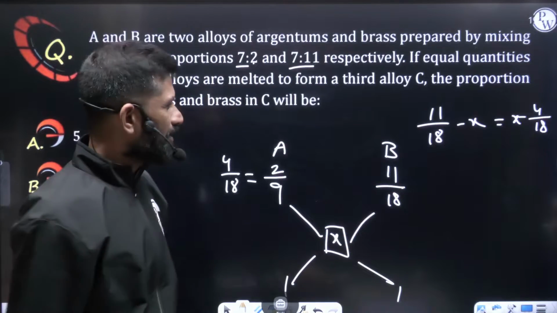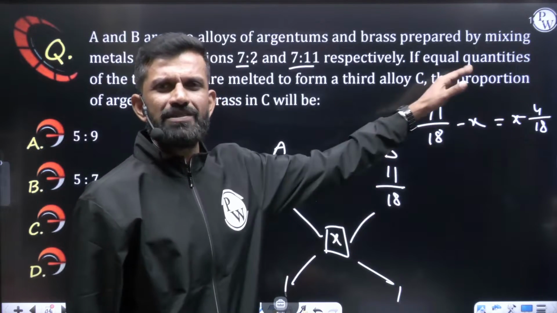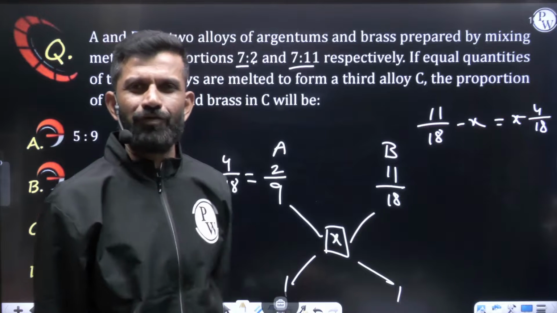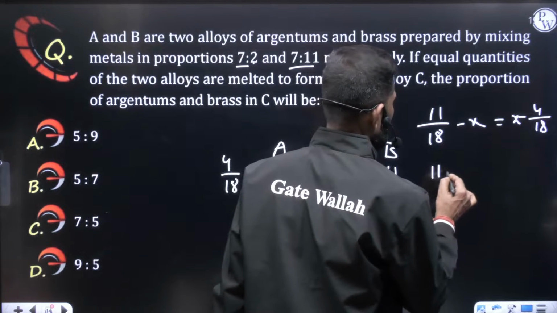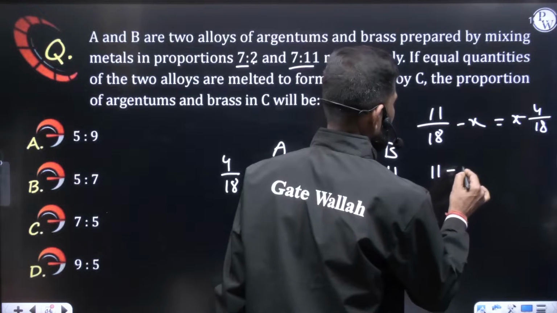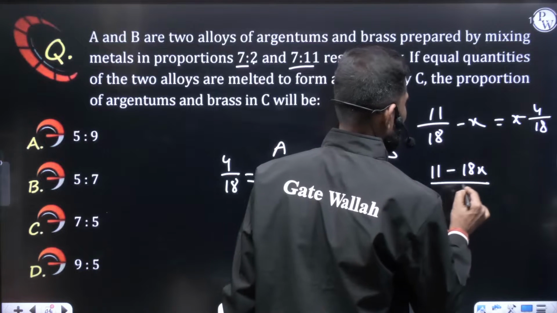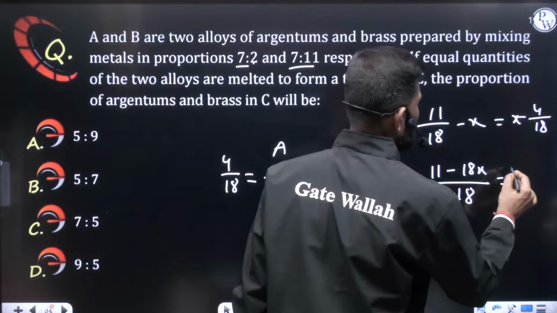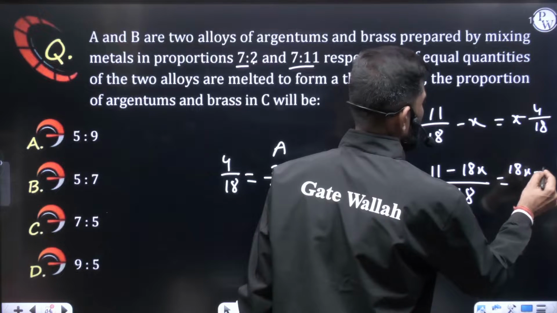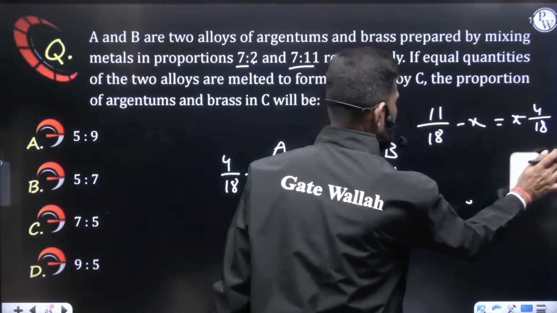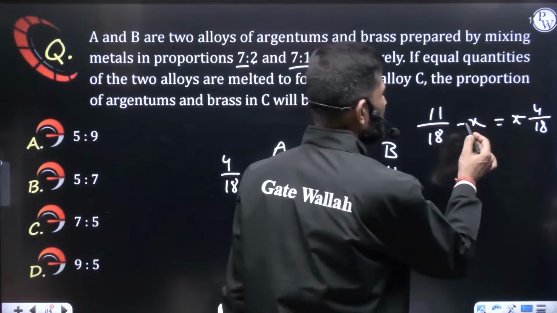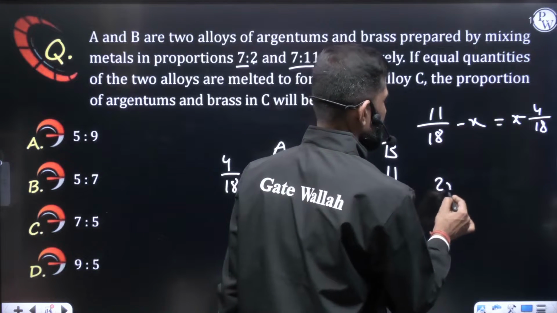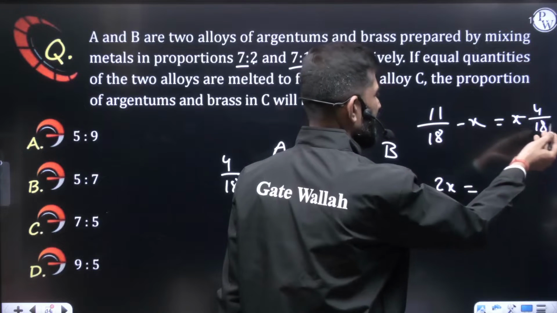Both are equal, or else you can divide. If some other ratio is given, you can divide and write that ratio after the equal sign. So let us sort it out. Let us go for the equation, sorting out the fraction. Minus x, if you send that side, plus x, that is 2x, is equal to 11/18.